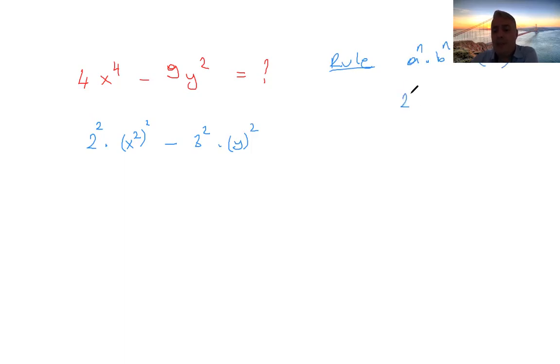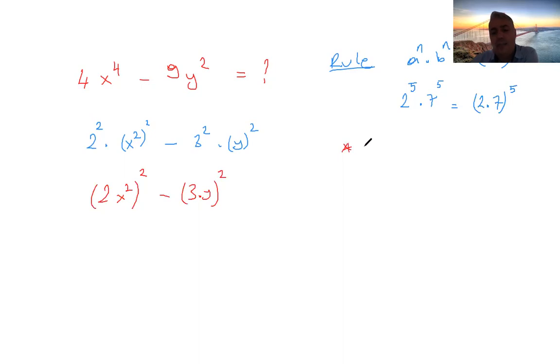For example, 2 to 5 and 7 to 5 is equal to 2 times 7 to the power of 5. We know this rule. So by using this rule, I can say here 2 times x squared to the power of 2 minus, since the powers are equal, 3 times y to the power of 2.